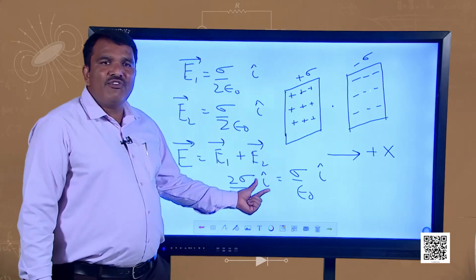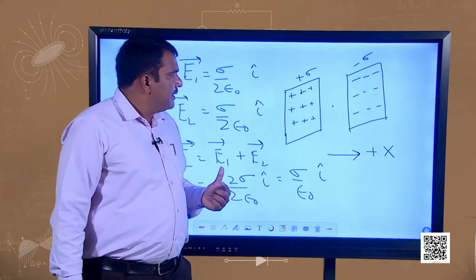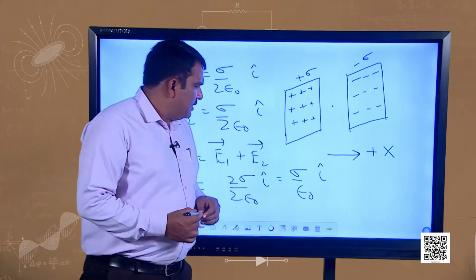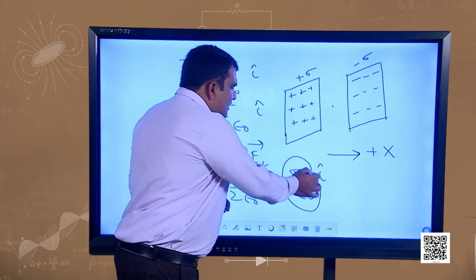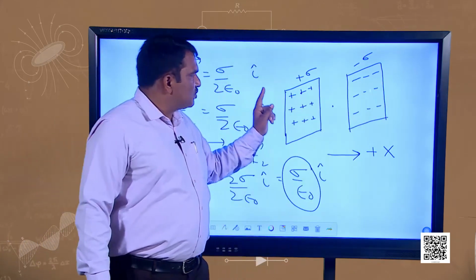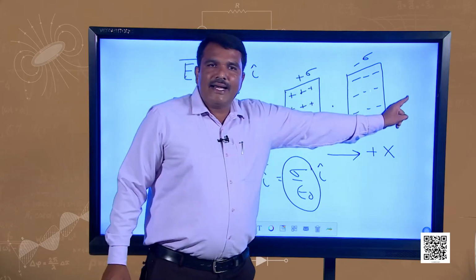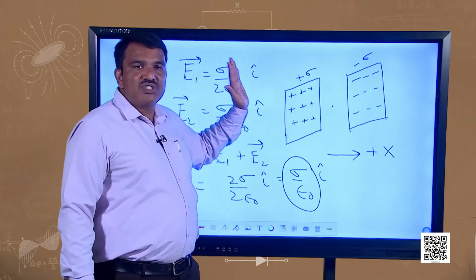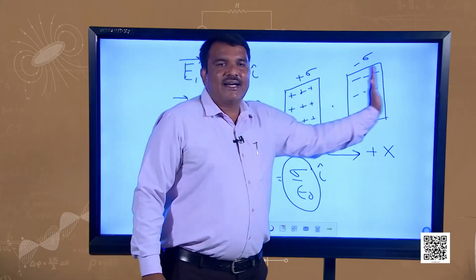So, the magnitude of electric field at any point between these two sheets will be sigma by epsilon naught, and its direction will be towards right, that is from positive plate to negative plate, that is, from the sheet with positive charge to the sheet with negative charge.